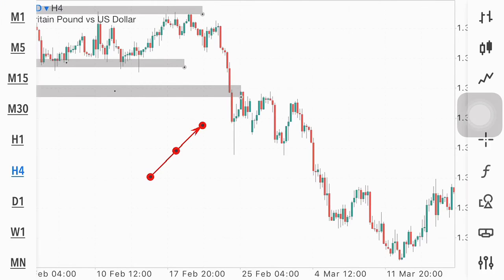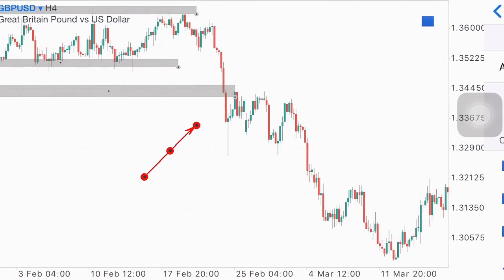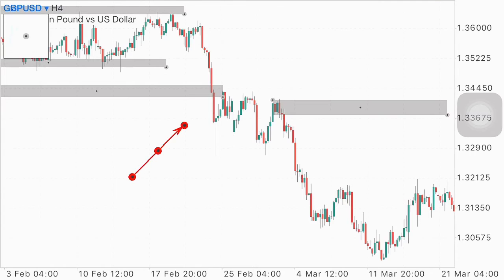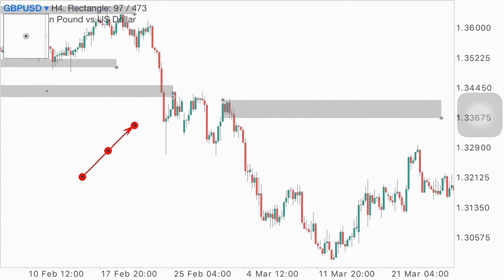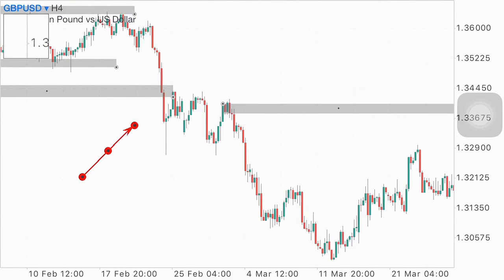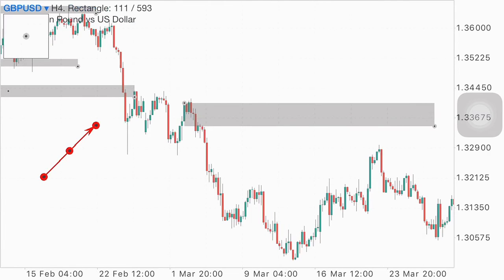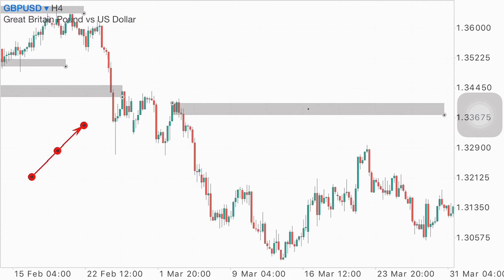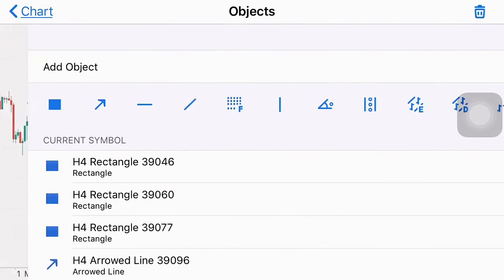You can see here, GBPUSD also started leaving these supplies above here, guys, which might be very useful in future. So we just look if we can see the price coming back to our supplies here, and then we use them as a trade area.